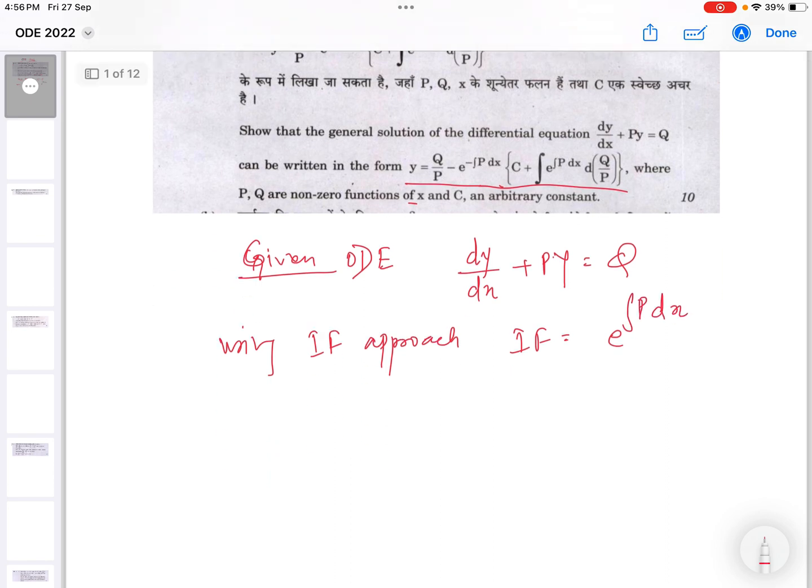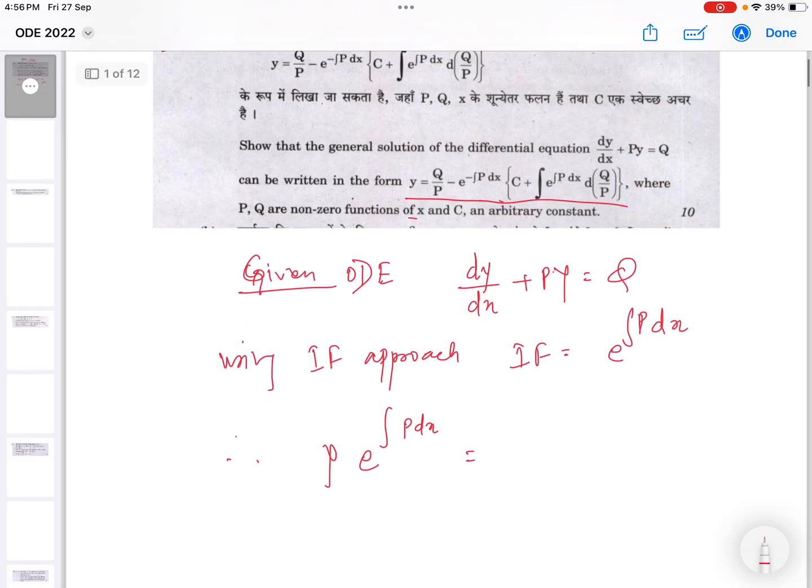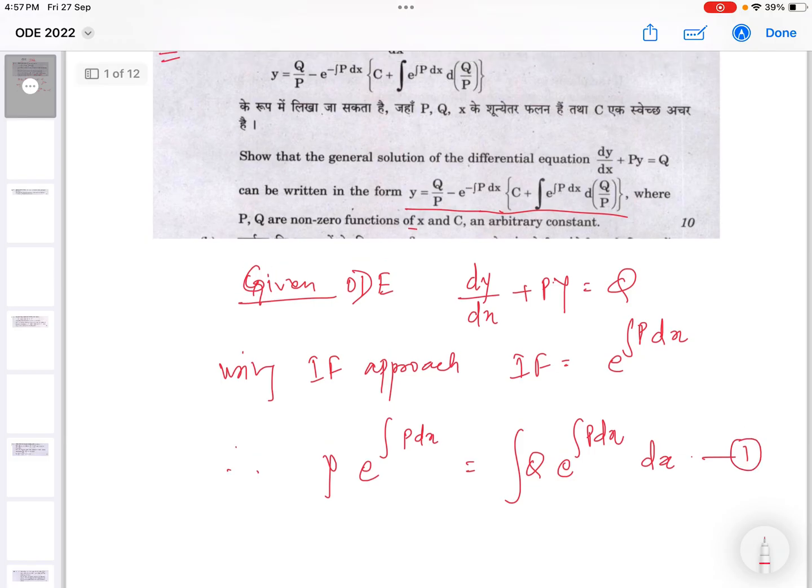So the solution is e to the power integral p dx times q, e to the power integral p dx. This is, let's say, equation 1. We have to proceed from equation 1 in such a way that can lead us to this equation. Say this is equation 2.